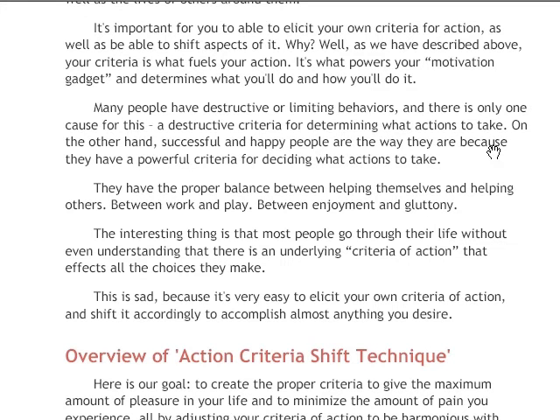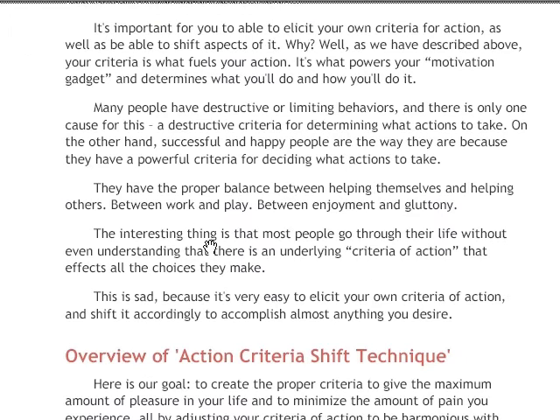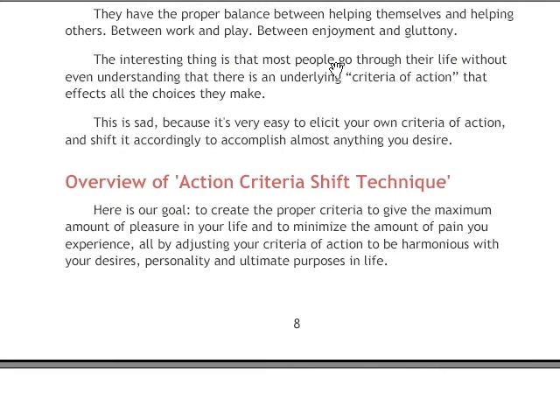On the other hand, successful and happy people are the way they are because they have powerful criteria for deciding what actions to take. They have the proper balance between helping themselves and helping others, between work and play, between enjoyment and gluttony. Helping others, that's what I'm talking about, the proper balance. That's the second key point in the why. The third thing here is that most people go through their life without ever understanding that there's an underlying criteria for action that affects all the choices they make.